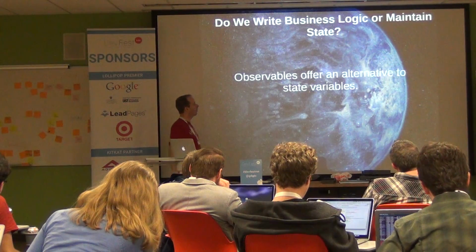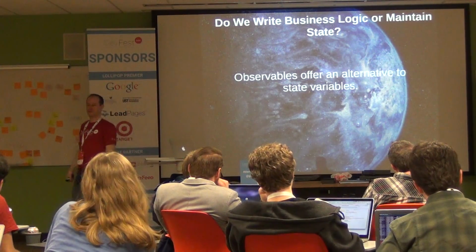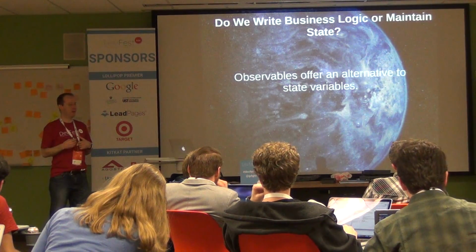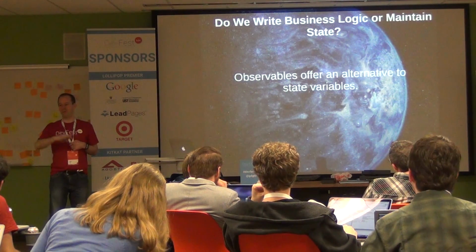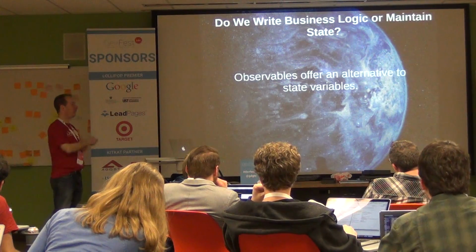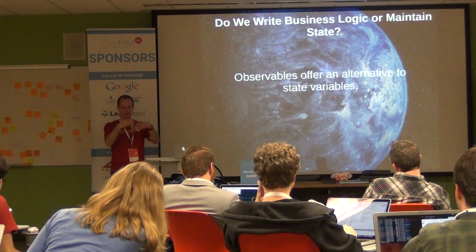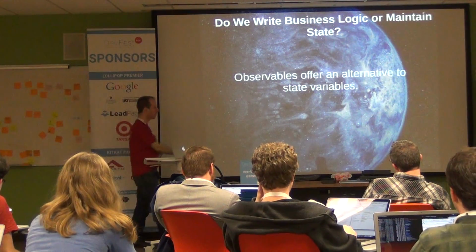So observables also offer an alternative to state variables. As programmers, we hate having to hang on to state variables too much because what happens is you forget to update it at one point, and then suddenly your whole program breaks. And this happens all the time. It's probably one of the main causes of programs breaking, especially when you've got very complex threading going on.